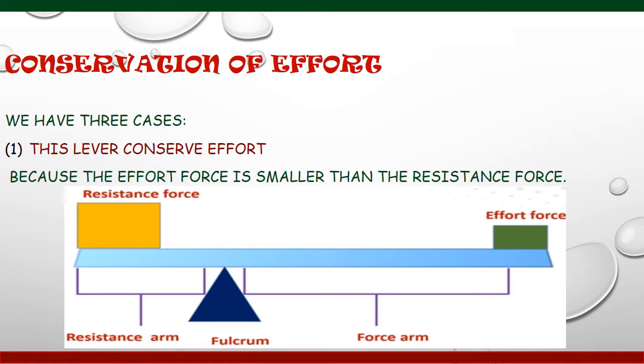This is the rule. In this image, do you think this kind of lever will save or conserve the effort? Yes, because the distance between fulcrum and effort force, called effort arm, is longer than the distance between fulcrum and resistance force.